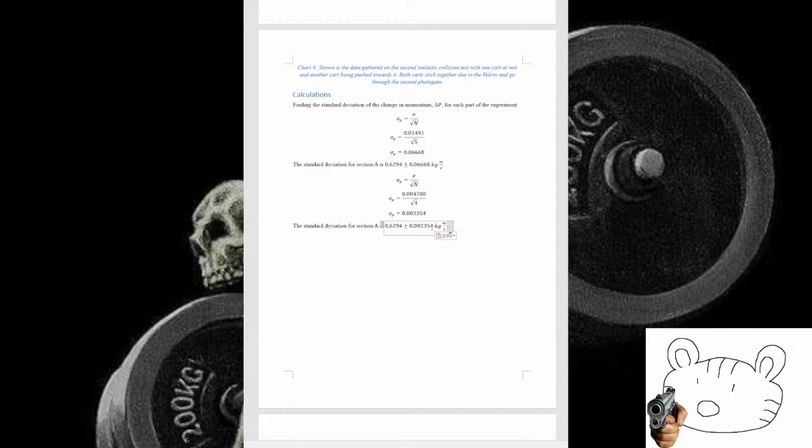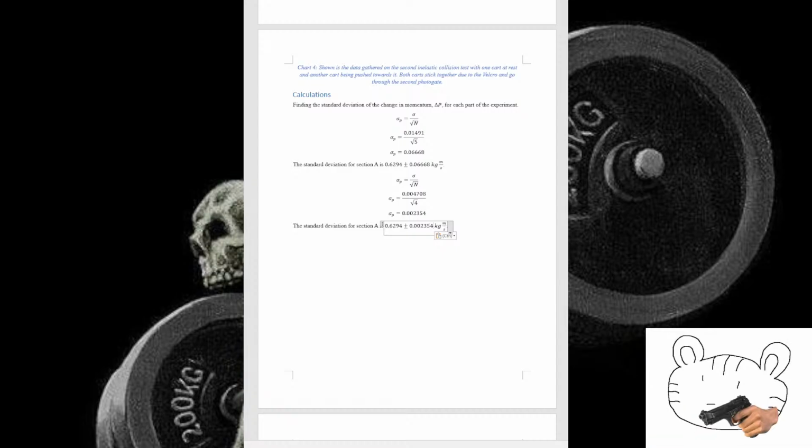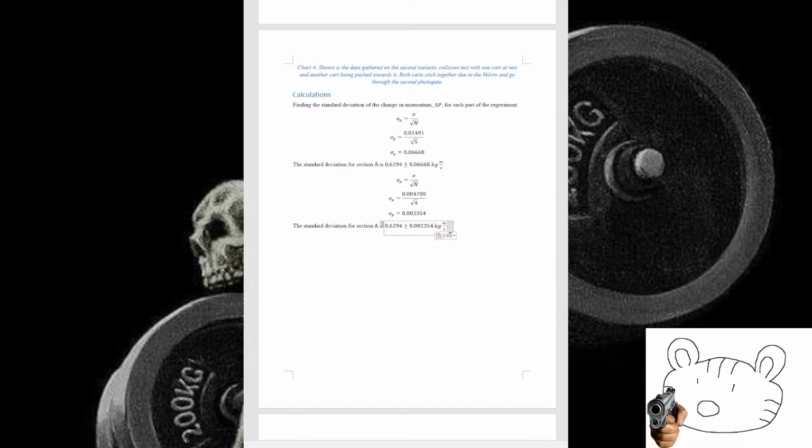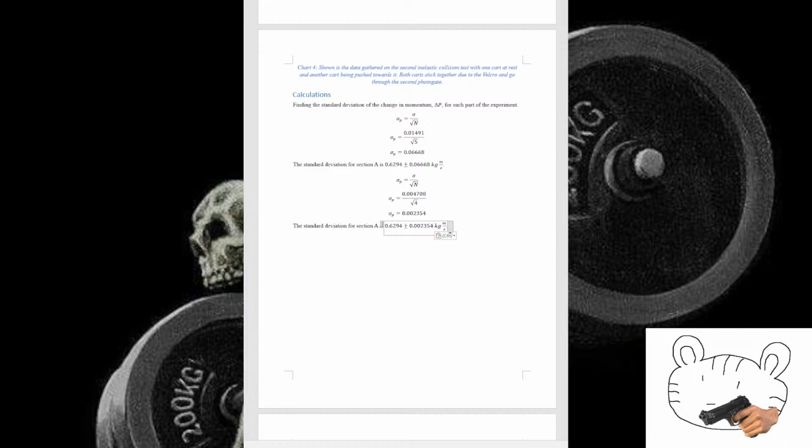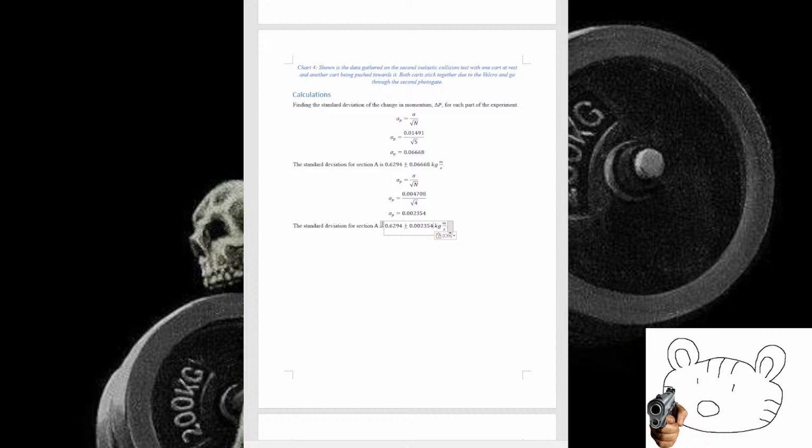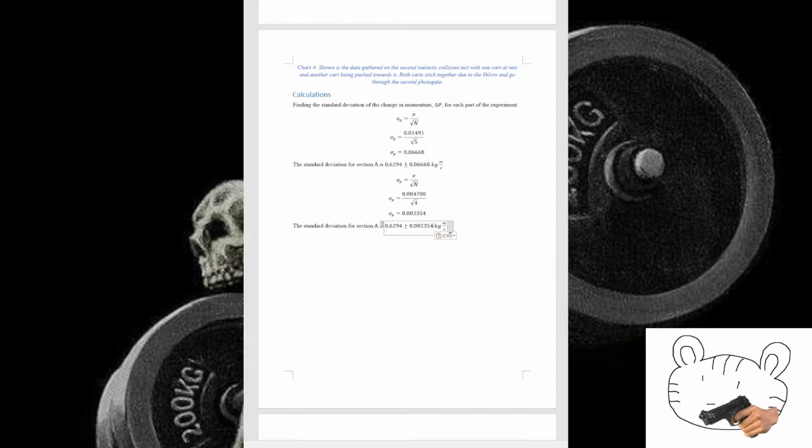We could put that into scientific notation if I wanted to, which I think I might actually have to do, given the fact that the mean is in scientific notation, due to the fact that there are negative values.